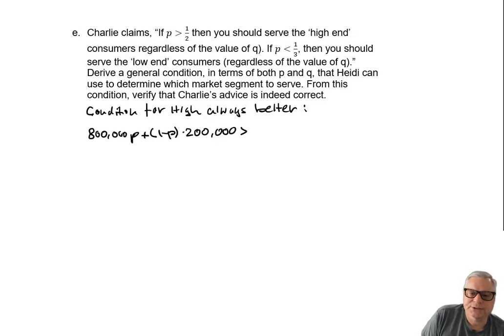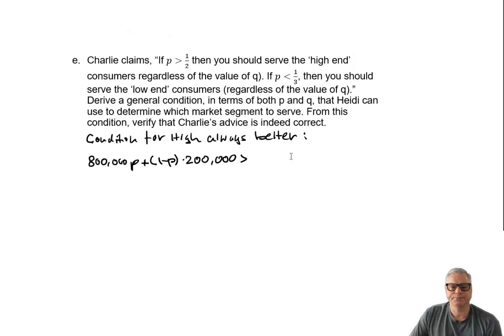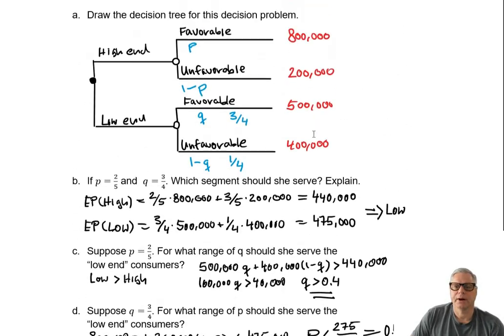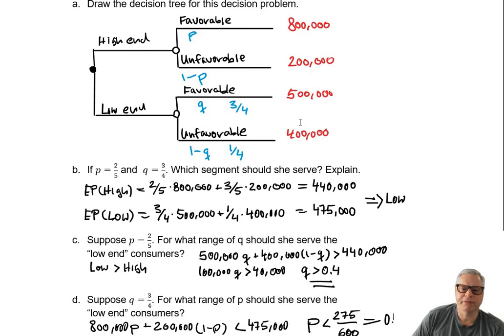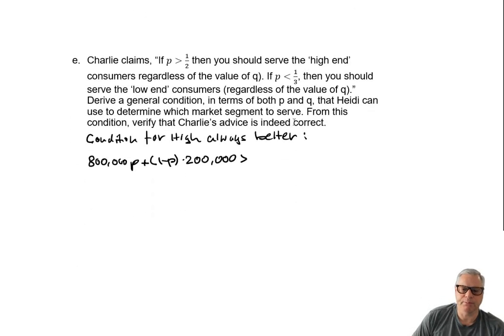That always needs to be greater than the 500,000 with probability Q, and the 400,000 with probability 1 minus Q. So that is the general condition.